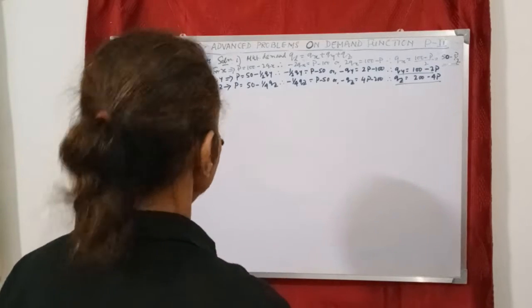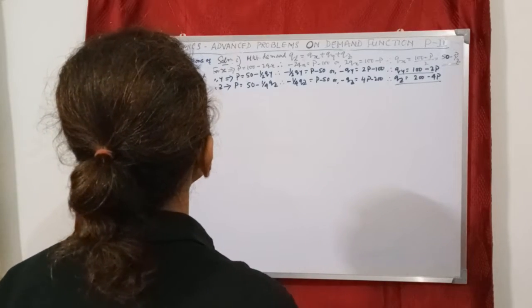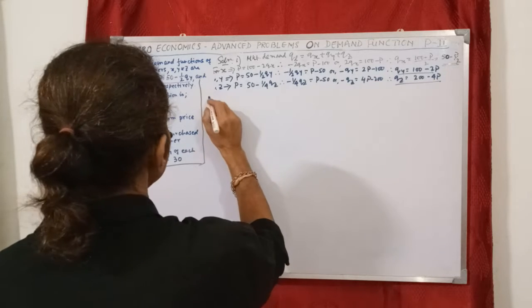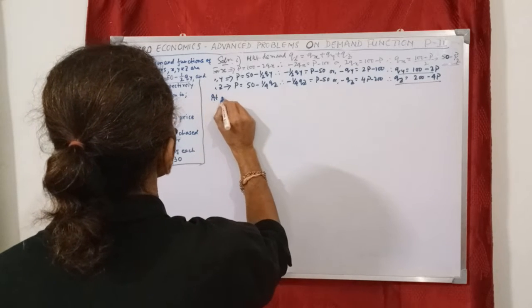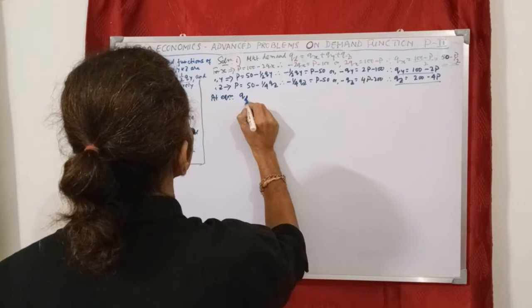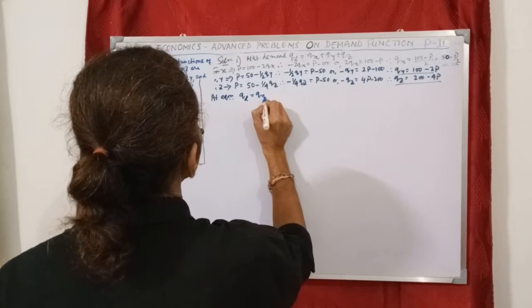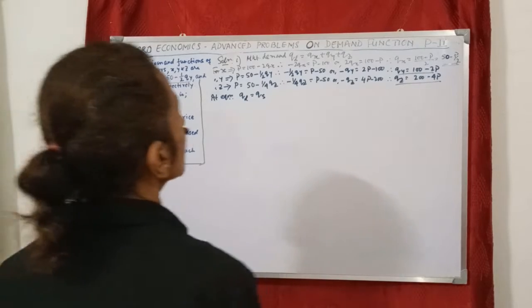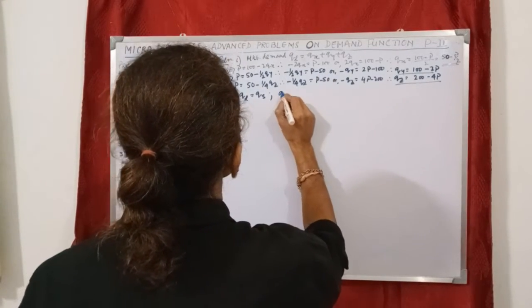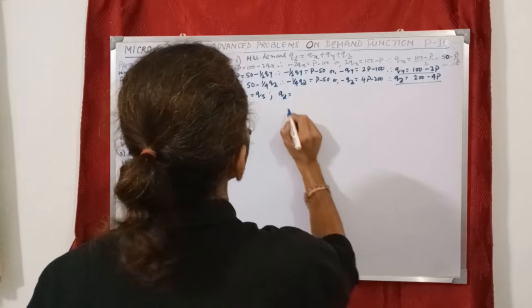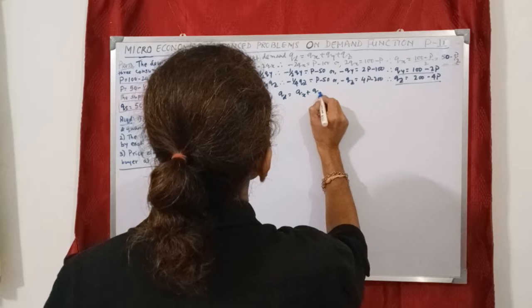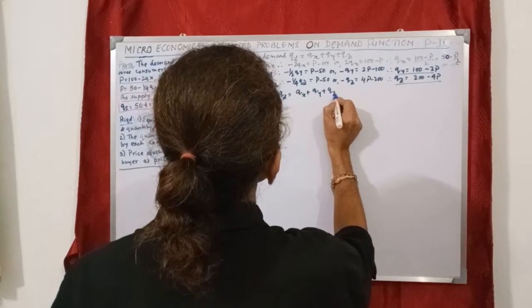Now at equilibrium, we know that quantity demanded is equal to quantity supplied. QD is equal to QS. Now what is QD? QD equals QX plus QY plus QZ.